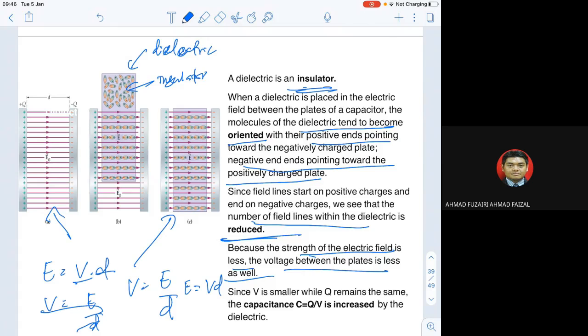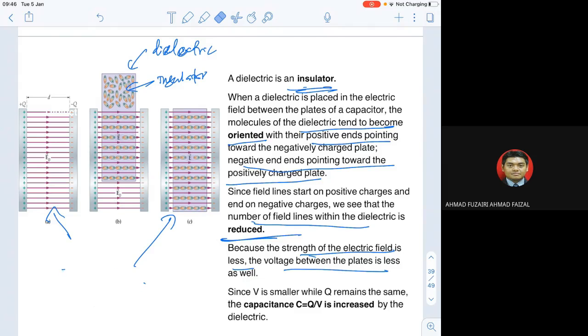So since V is smaller while Q remains the same, look at the capacitance, C equals Q over V. So when V reduces, the capacitance will increase because capacitance and voltage are inversely proportional, meaning Q is the same, V reduces, C will increase.